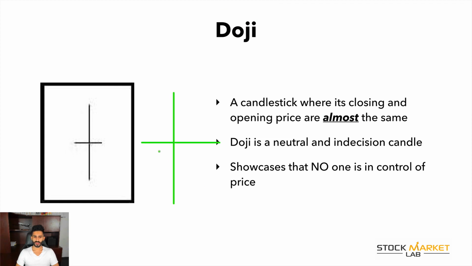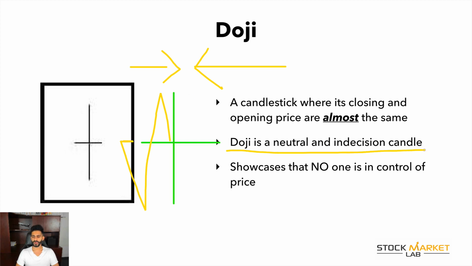Because price opened here, went down, went up, and closed around the same level it opened. Bulls and bears went at it with one another, but no one was able to have control over price. This is a doji candle. Once again, it's neutral.